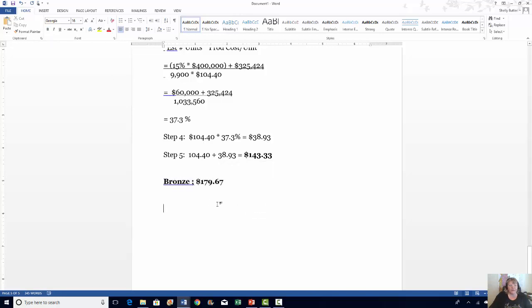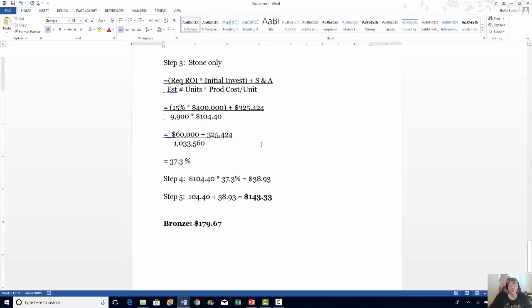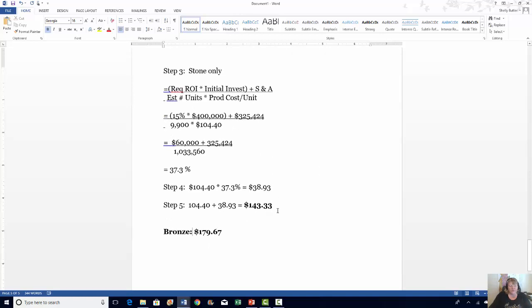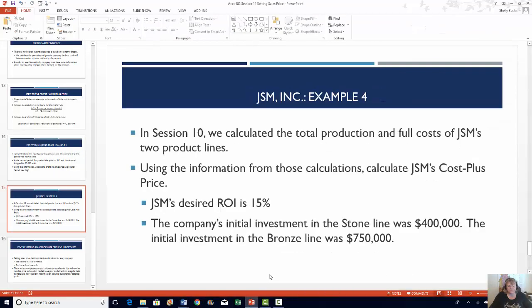We're not going to do that here because I've run you out of time already. These are long. They shouldn't be as long, but this does include the S&A right there. So it's all included. This is the price that you should charge to get a return on your investment of 15%. So back to the PowerPoints.